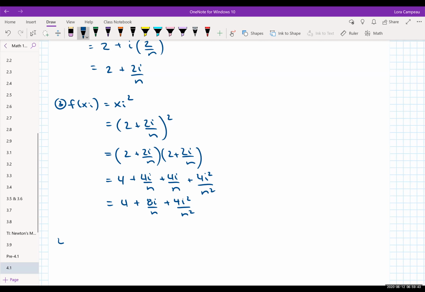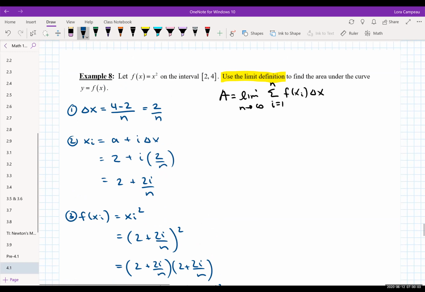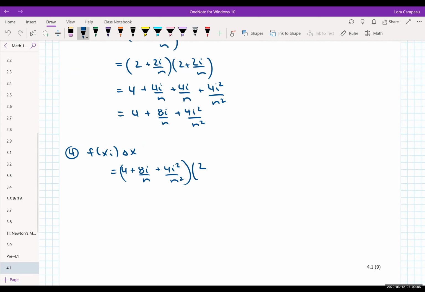We're almost there. We are looking at calculating the expression for f of x_i times delta x. We already have f of x_i simplified as much as we can, and squared, be careful. Delta x, remind me, was 2 over n, and so that would be kind of beneficial.